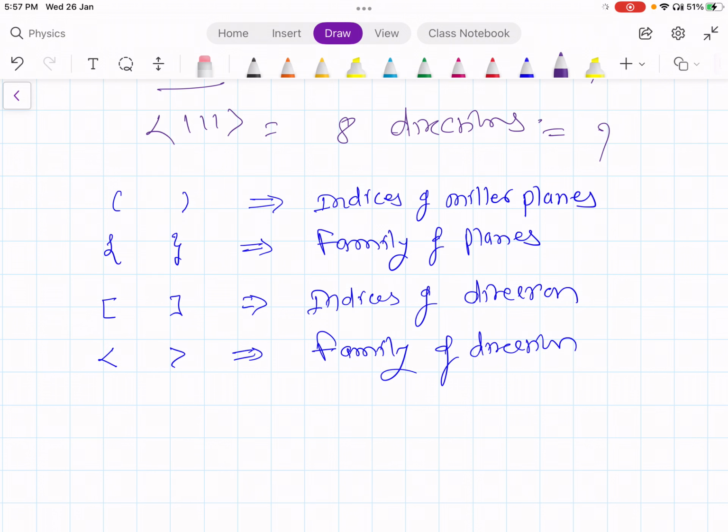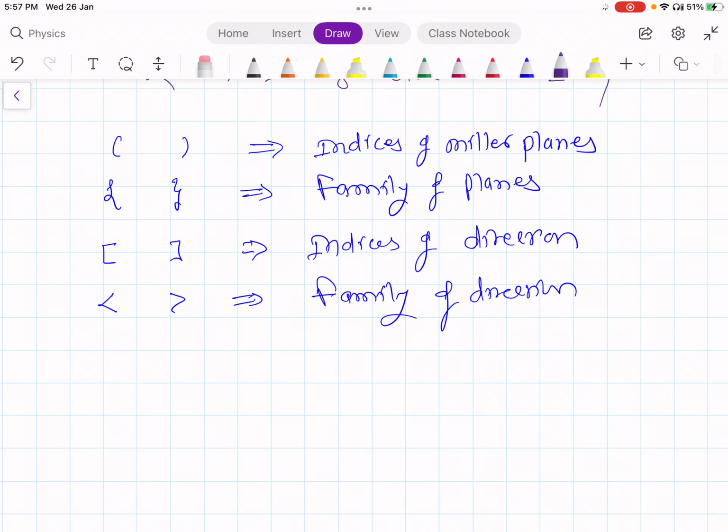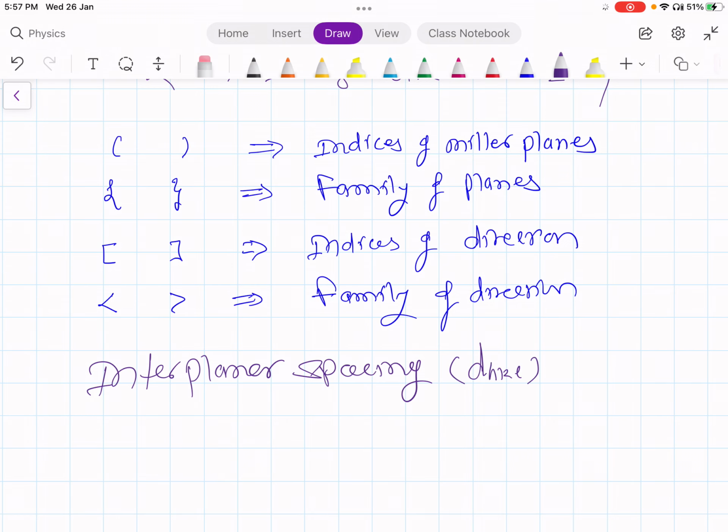Next I am starting interplanar spacing, which is denoted by d suffix hkl. This is the symbol for interplanar spacing, and this hkl denotes whose interplanar spacing it is.